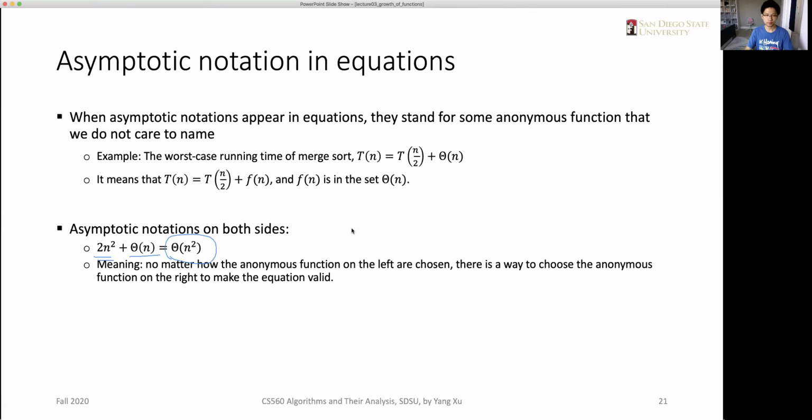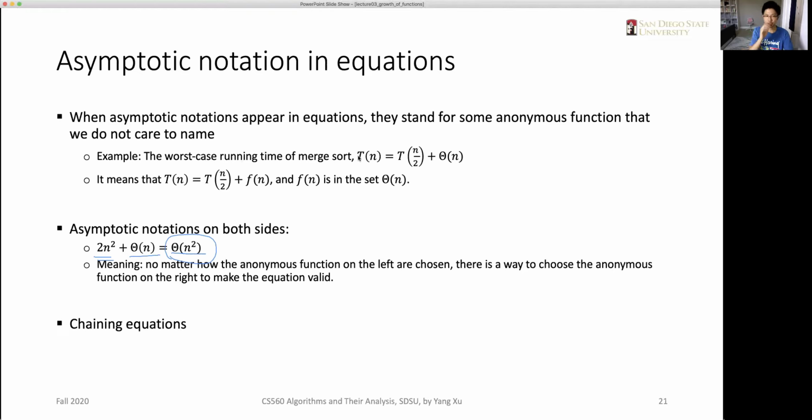So it also means that no matter how the anonymous function on the left is chosen, there's always a way to choose the anonymous quadratic function on the right to make the equation a valid one.